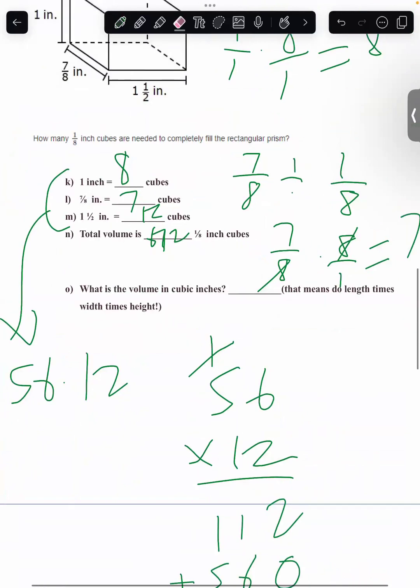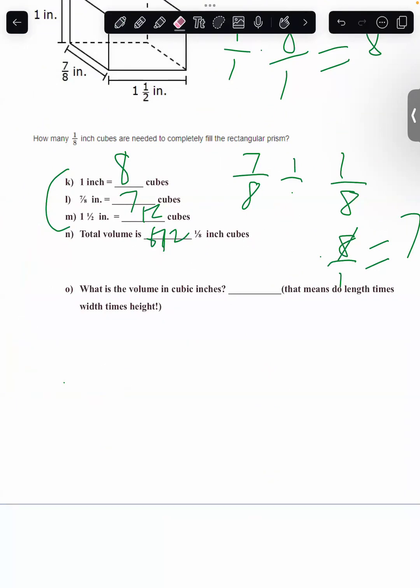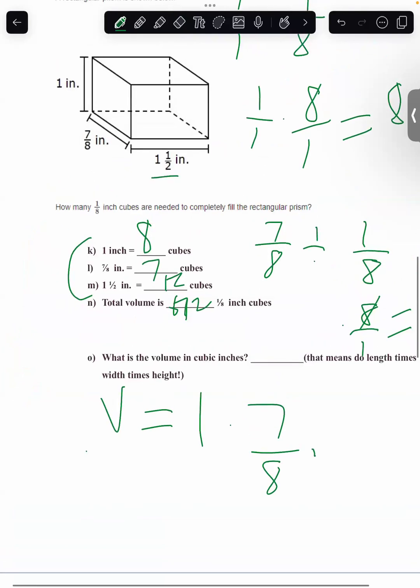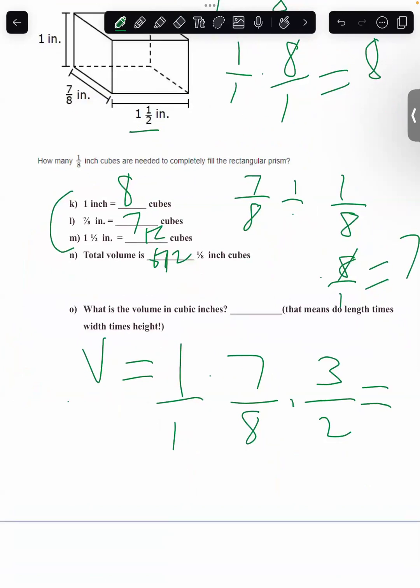All right, and then the final one, we've got the volume in cubic inches, which is going to be just the original problem here. Volume equals 1 times 7/8 times the 1 1/2, which I'll go ahead and put as 3 halves. Is there anything we can cancel out here or reduce before we multiply? The answer is no. So top times top gives us 21: 1 times 7 times 3.